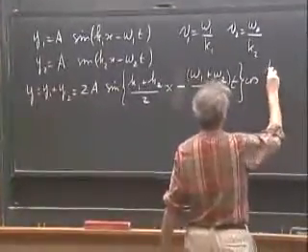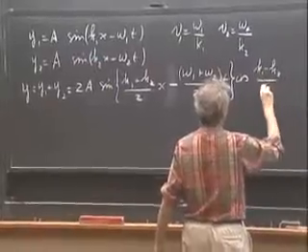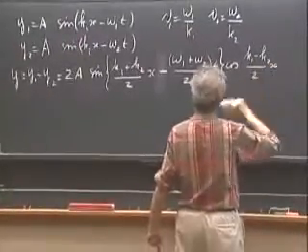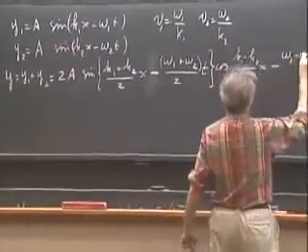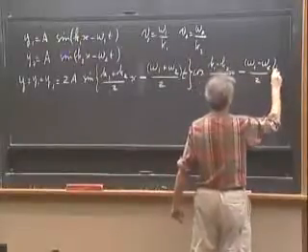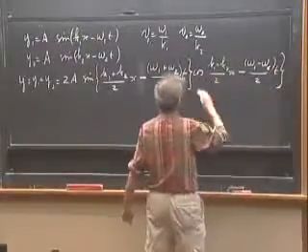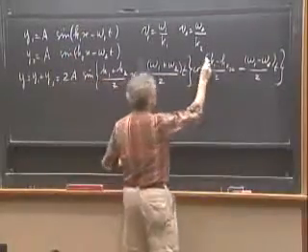So I get (k1 minus k2) divided by 2 times x, and now I get minus (omega 1 minus omega 2) divided by 2 times t. So look closely at what I have done here.